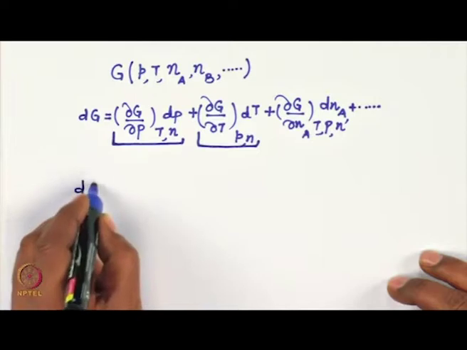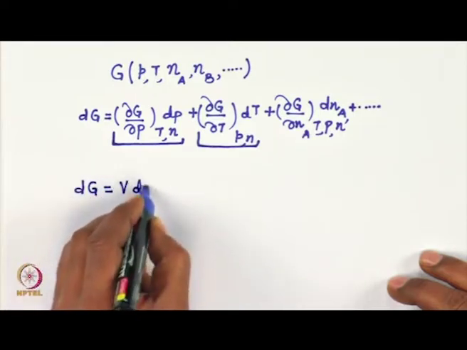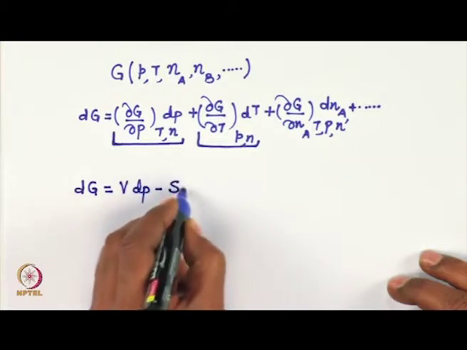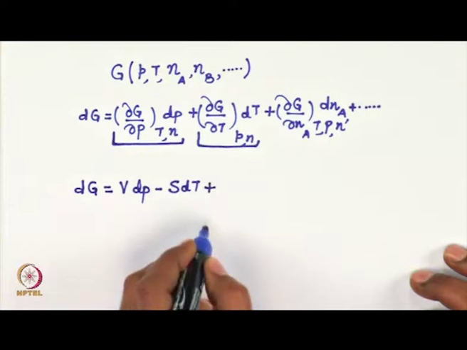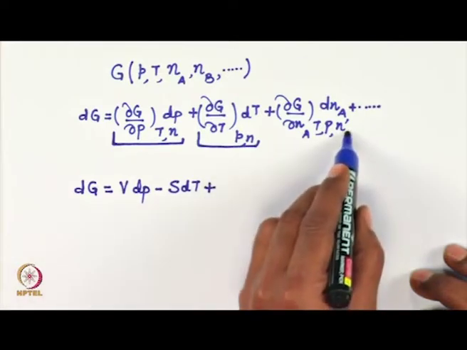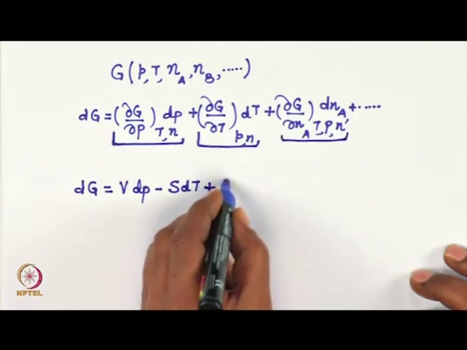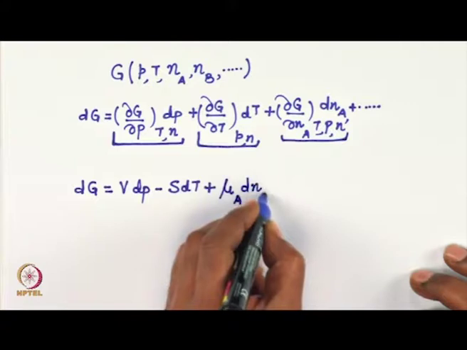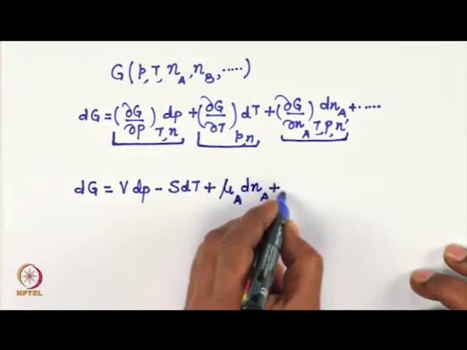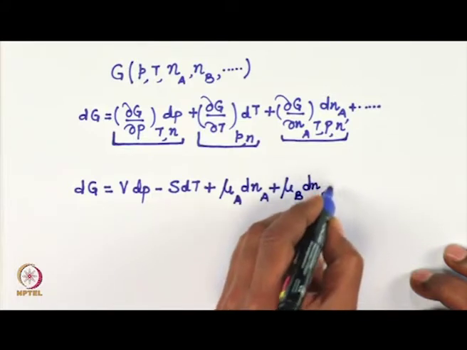That means dG will be equal to V dP minus S dT plus this quantity we have just discussed as chemical potential of A dNA plus chemical potential of B dNB plus so on.